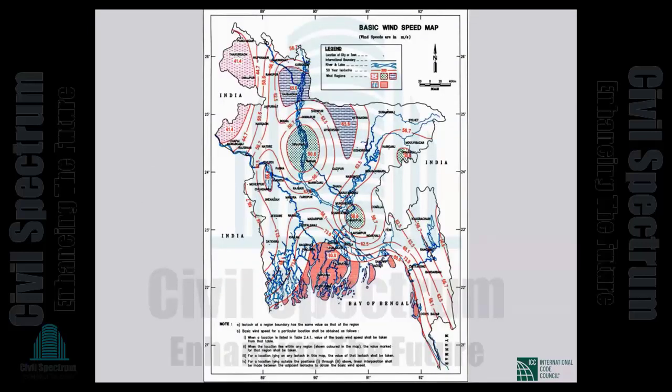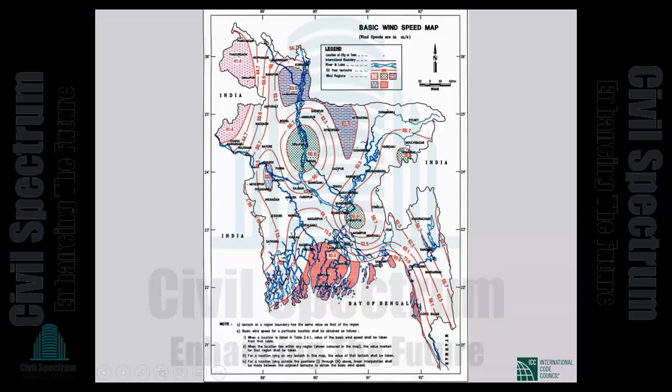This is the wind speed map of Bangladesh that is part of BNBC 2020. I will not talk about the map values now, that is yet to come, but I did want to show you the hurricane-prone regions, which are red on the map. So this is southern Bengal, and then you come here, western parts of Chittagong and Cox's Bazar. Okay.